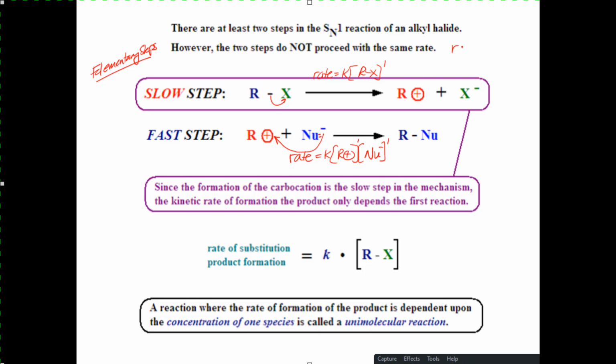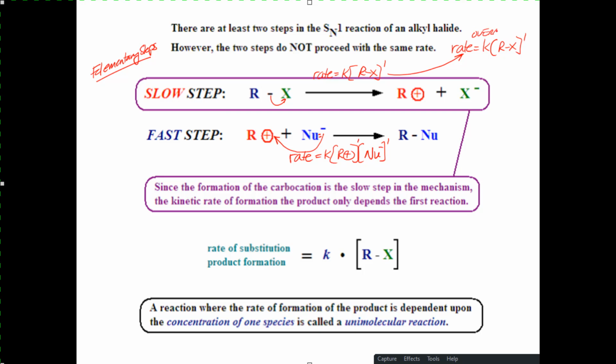So we remember that the overall rate equation was determined experimentally to be the concentration of the alkyl halide to the first power. Now, when you're looking at multiple elementary steps, the slow step is going to be the step whose rate equation matches up with the rate equation that's determined overall.